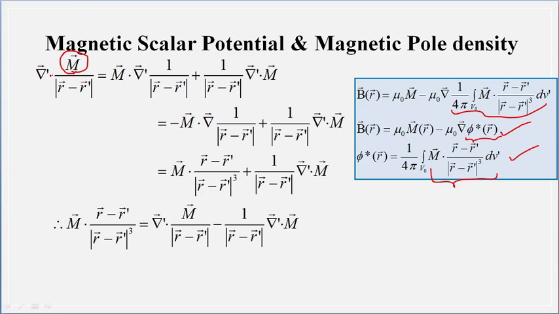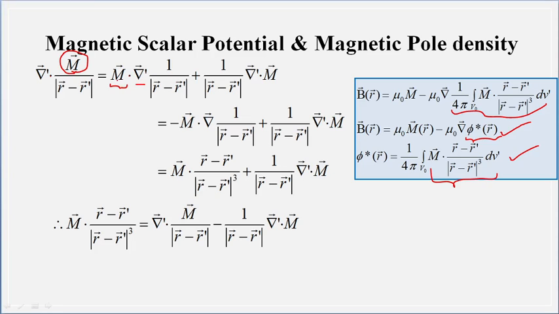Del dash is a derivative, so it is the derivative of A into B: first quantity into derivative of the second quantity. The first quantity is the vector M and the second quantity is 1 by modulus of R minus R dash. I will write a dot here because this is a vector quantity and this is also a vector quantity.